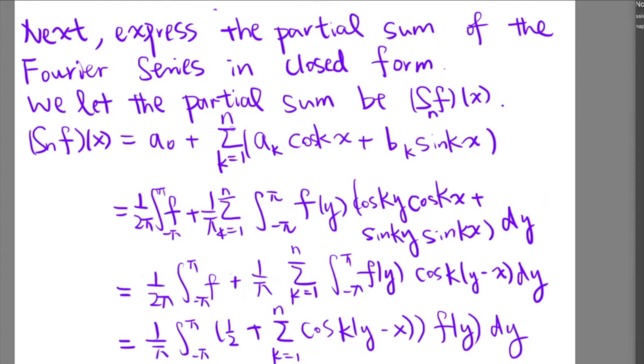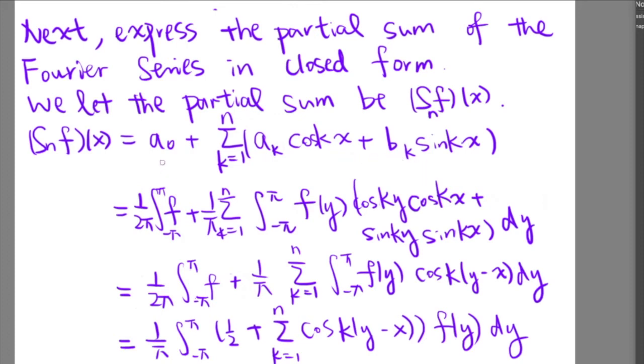We let the partial sum be S_n f(x). By the definition of S_n f(x), it is equal to a_0 plus the sum from k equal to 1 to n of a_k cosine kx plus b_k sine kx.